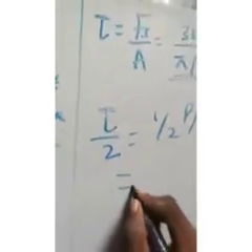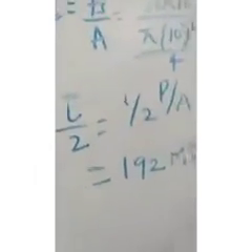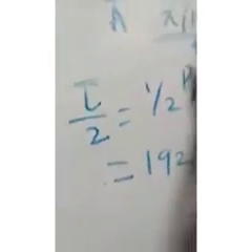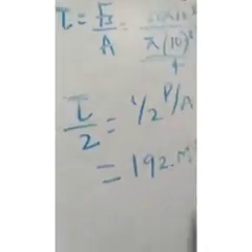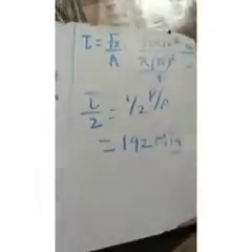I can have my answer as half of P over A. I can have my final answer as 192 megapascal. The mega is 10 raised to power 6. So 192 megapascal. Put your value there, then you have your answer depending on the choice you want. So that is about that.